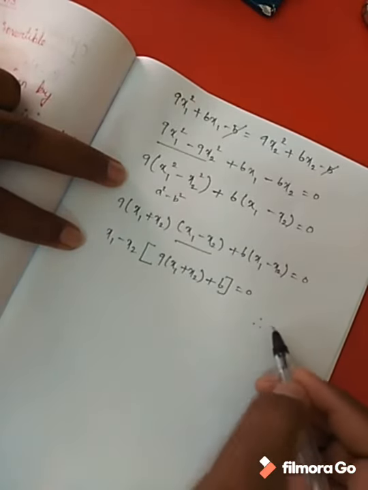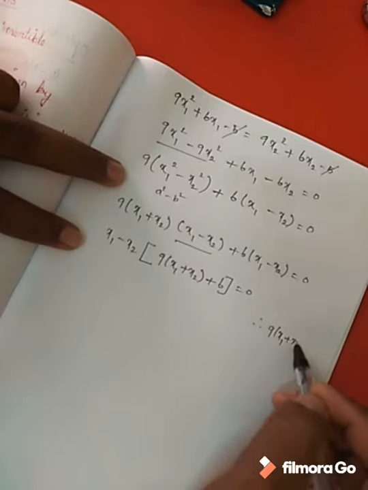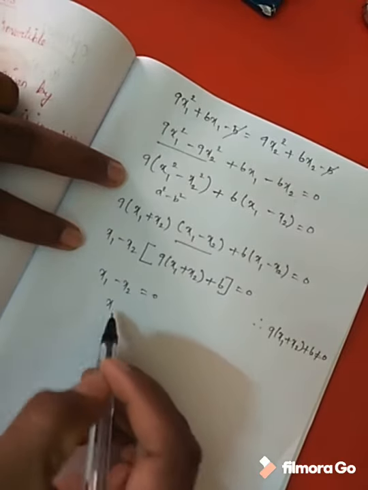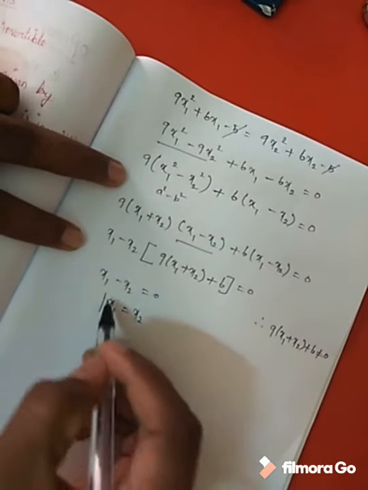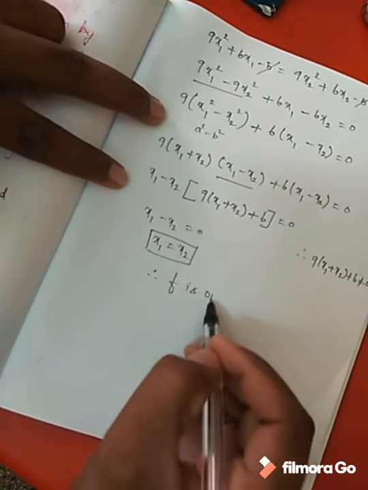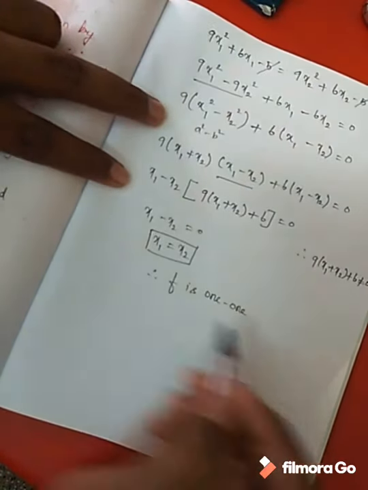With the condition that 9(x1 + x2) + 6 is not equal to 0, therefore x1 - x2 = 0. Obviously x1 = x2. So we can say that f is one-one. So it satisfies the one-one condition.